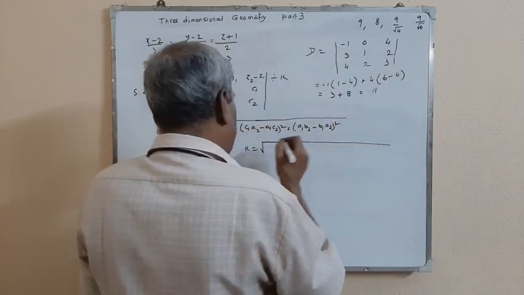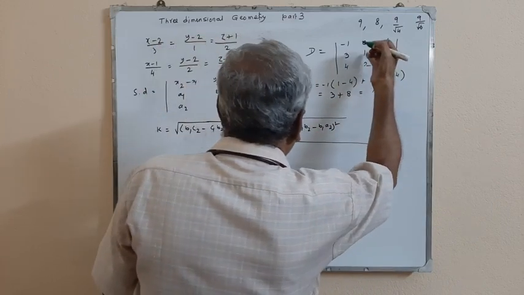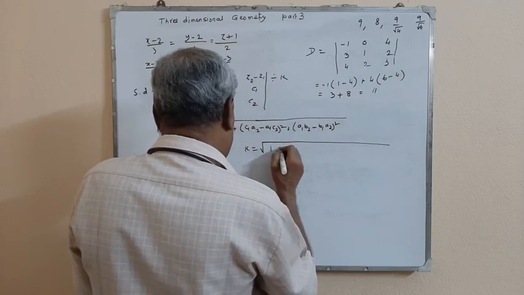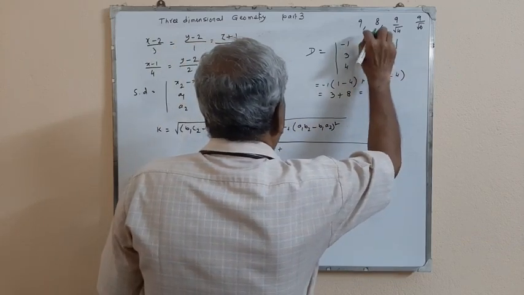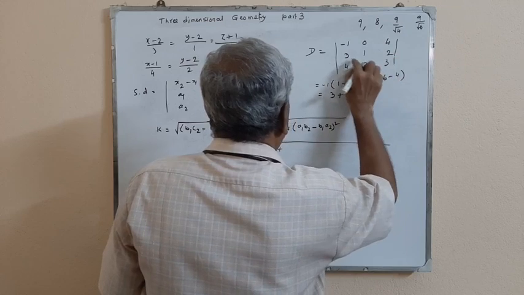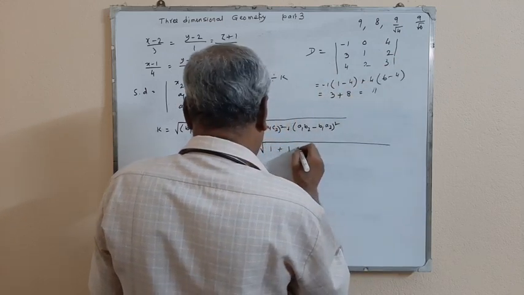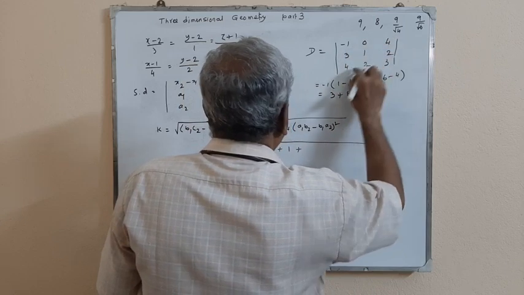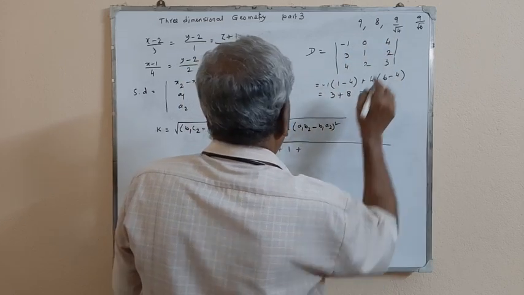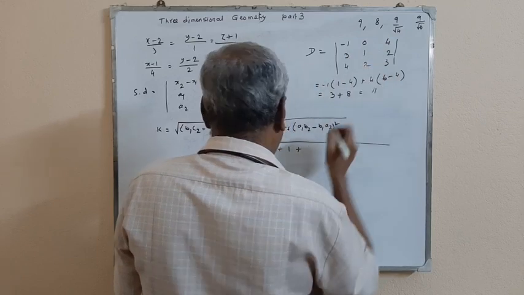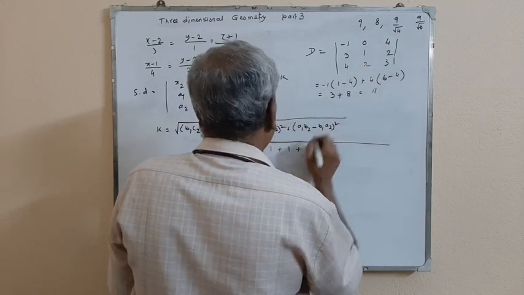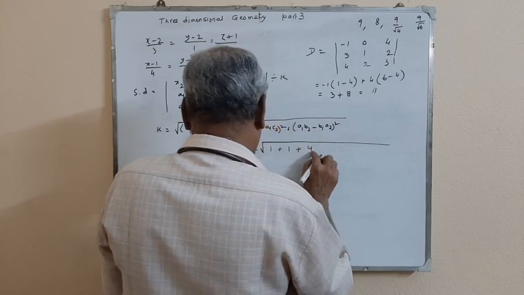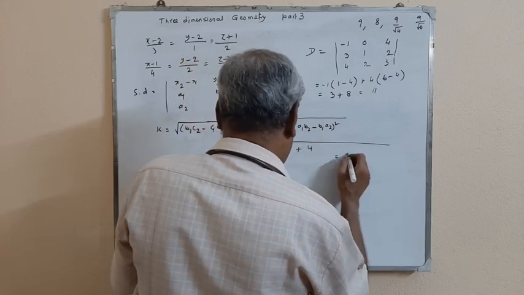So this is equal to (3 minus 4) whole square plus its cofactor (8 minus 9) whole square plus this one is (8 minus 9) whole square. Cofactor of that, (6 minus 4) whole square, that is 2 whole square, 4. 4, 5, 6, so root 6.